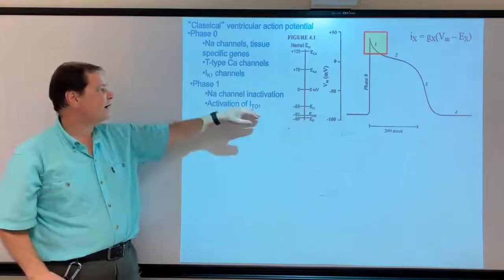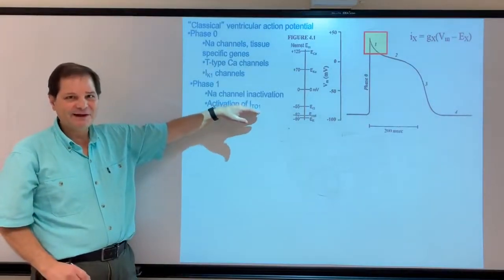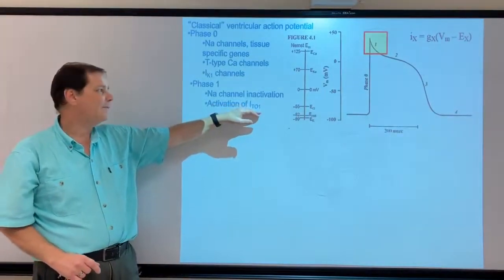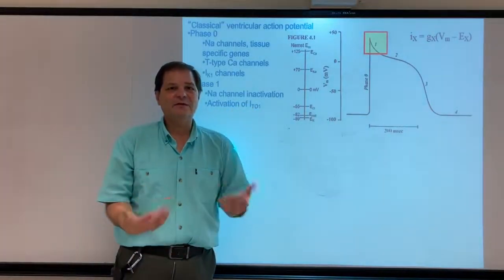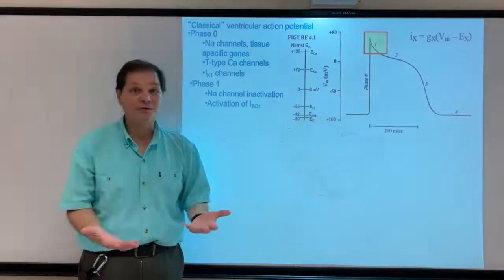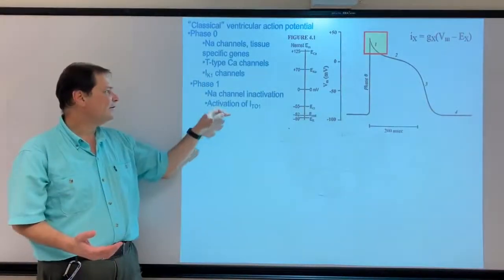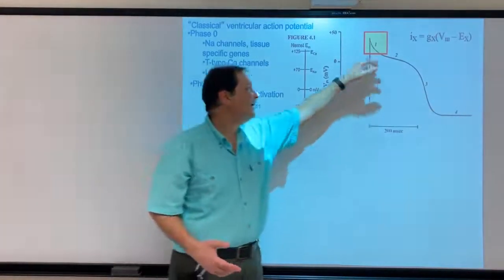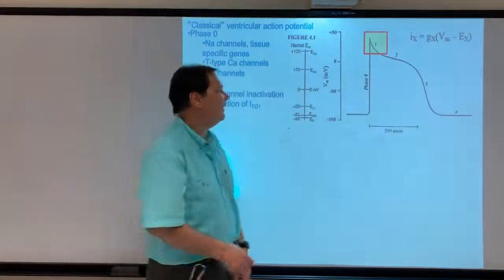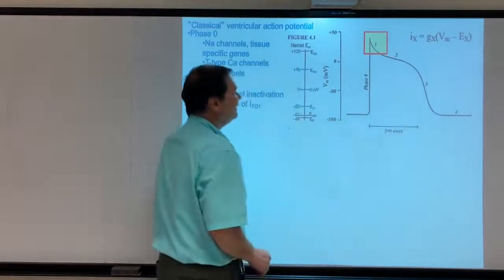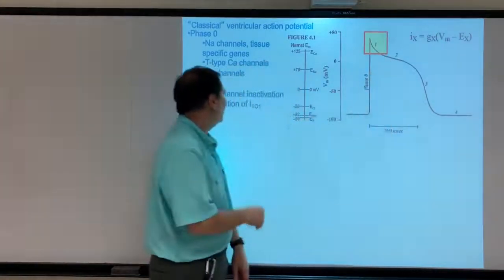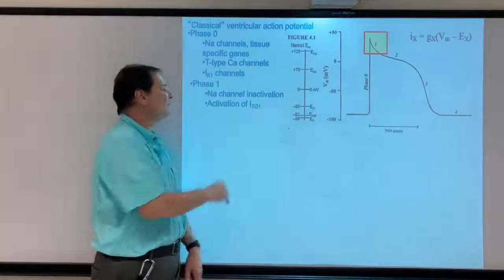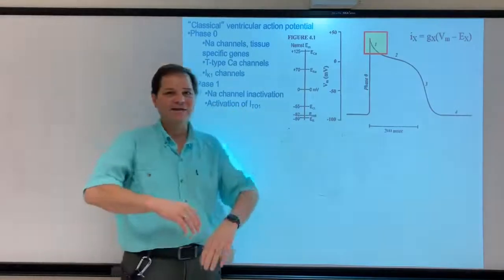These channels do inactivate. They have an inactivation gate, unlike the delayed rectifiers that we're going to talk about in a second, and unlike the delayed rectifier that we talked about in skeletal muscle. So this actually inactivates with time. We have an inactivation gate that closes as the voltage goes up. Similar to the sodium channel, this has an activation gate that opens.